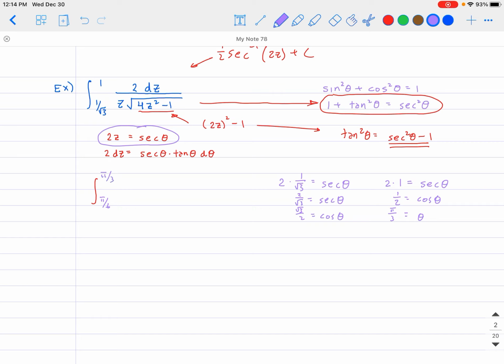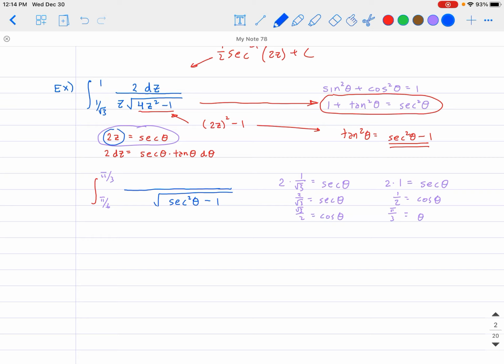Okay, now according to my substitution, let's go ahead and replace each part then. For the bottom part, inside the square root, because I think that one is pretty straightforward, hopefully. Well, actually, maybe it's not very straightforward. So let's see. If we make that replacement as we said, it's going to be the square root of secant squared theta minus 1.